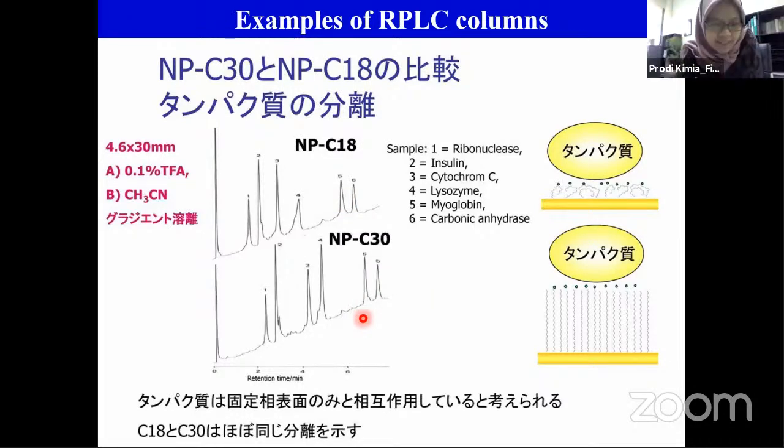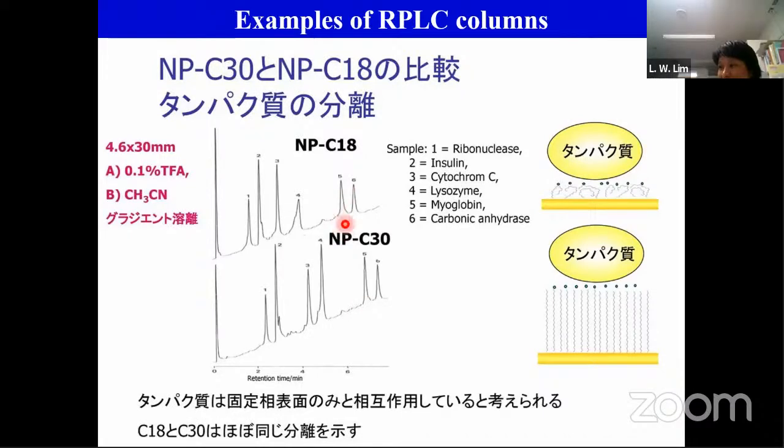Maybe the baseline. You mean the C18, right? Yeah, C18, the separation is considered baseline separated. C30 actually improved a bit. I don't have the data here, but this is baseline separated.